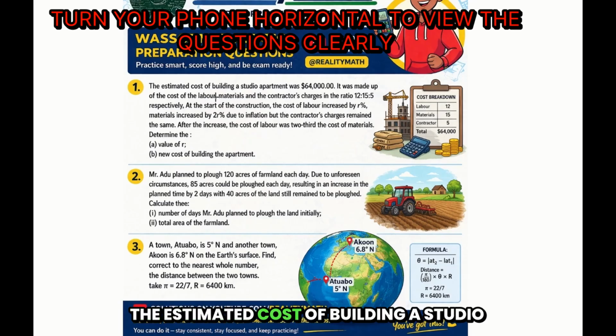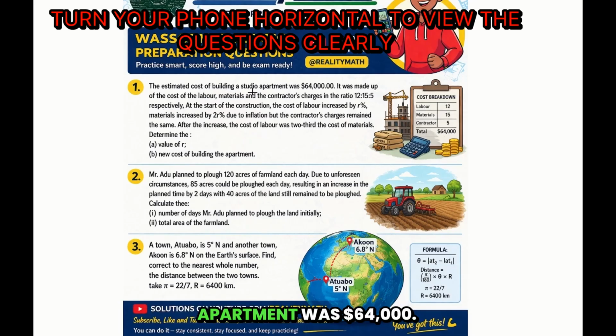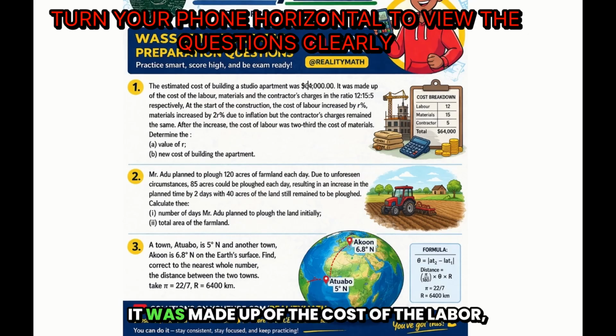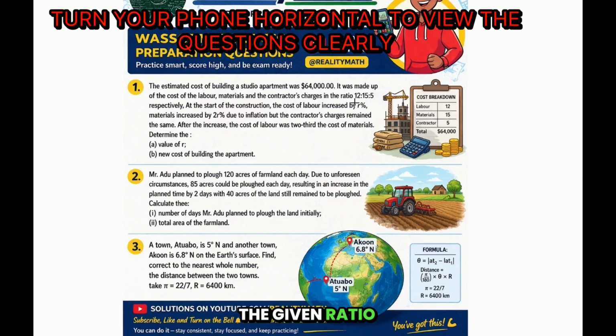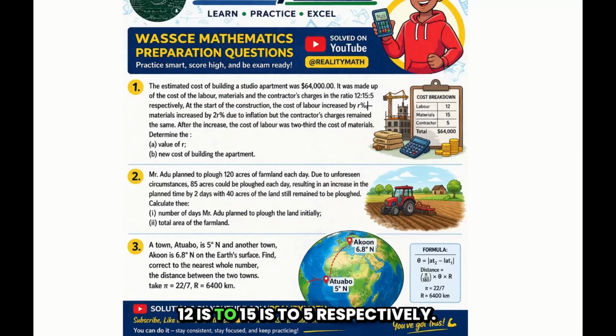The estimated cost of building a studio apartment was $64,000. It was made up of the cost of the labor, materials, and the contractor's charges in a given ratio 12 is to 15 is to 5, respectively.